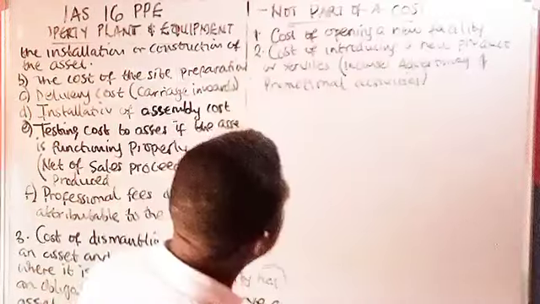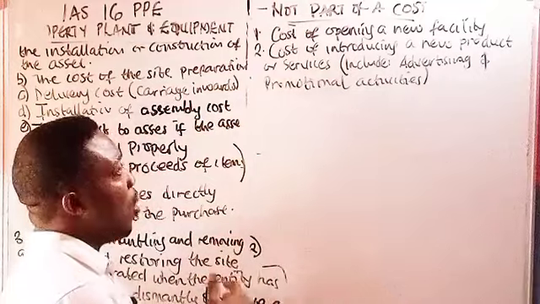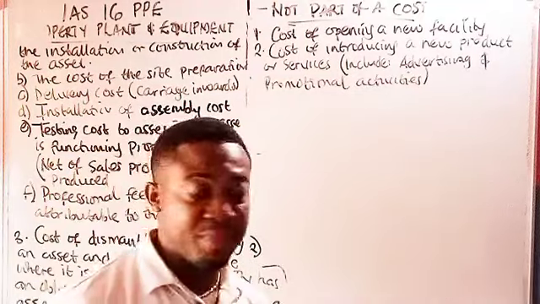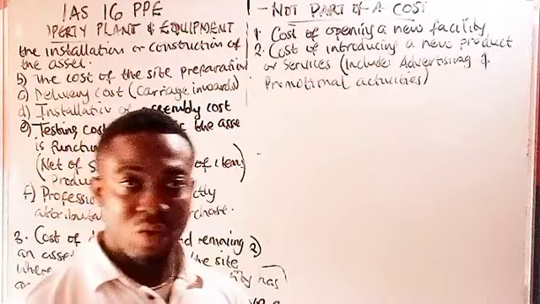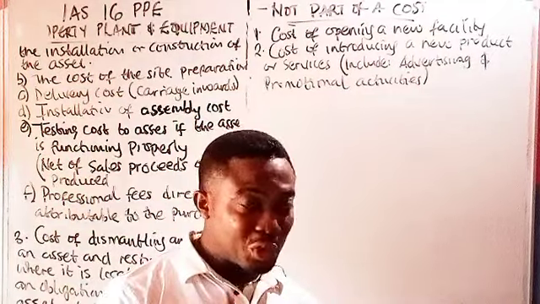Okay, so this does not add up to the cost of an item of PPE. That's the cost of introducing a new product or services, or the cost that is involved in introducing a new product.